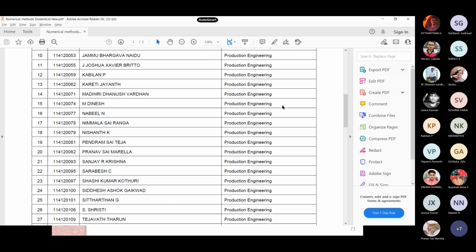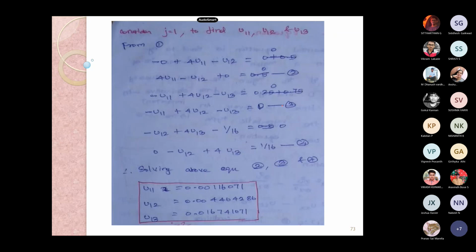Sai Teja, yes, Siddharthan. So I'm getting 0.00104. Yes, sir. I think wait, just a minute.